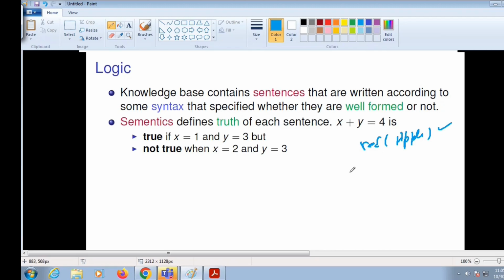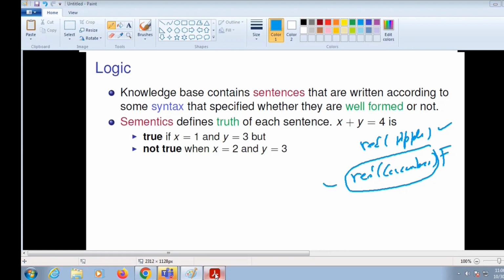But if I say red cucumber, I have never eaten it. So if I say red cucumber, this is false. If I provide red cucumber, then it becomes information for you. Then you say that okay, cucumber is also red. But if I ask you whether red cucumber is true, you say false. Make sense? So this is an important part.